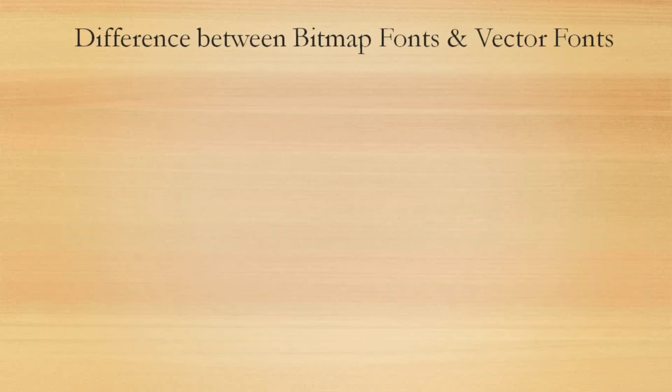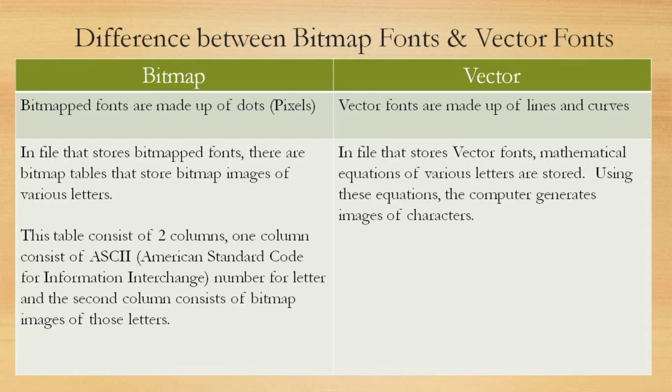So let us see the difference between bitmap fonts and vector fonts. First, coming to bitmap fonts, bitmap fonts are made up of pixels, that is dots, whereas vector fonts are made up of lines and curves.